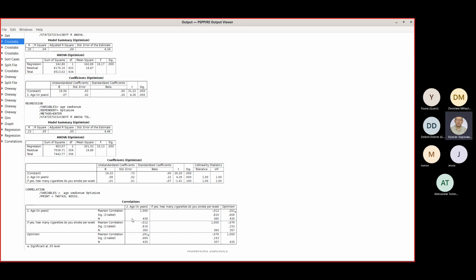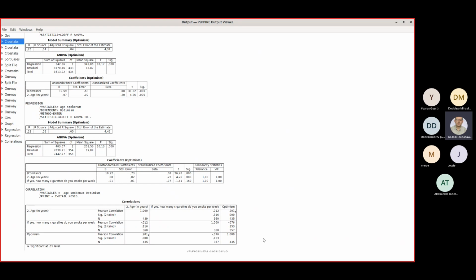And if the relation is the same, then the two coefficients will be equal. So you can see here minus 0.012, the same here, 0.201, the same here, and minus 0.076, the same here.